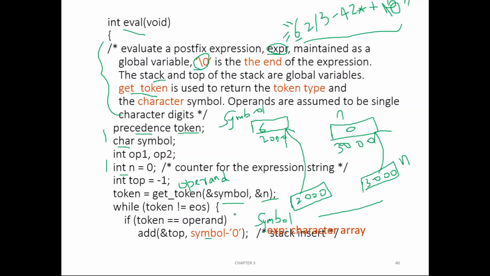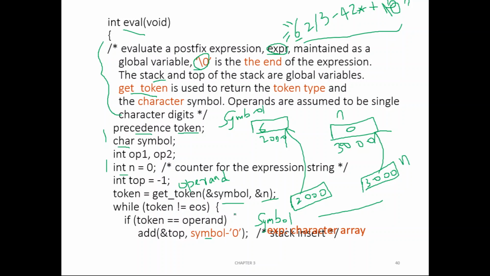So whatever the ASCII value of character 6, that will be subtracted with the ASCII value of 0. So when you do that, what you will get is 1. Okay, so the ASCII value of 0 is 48, right? The ASCII value of 0 is 48.